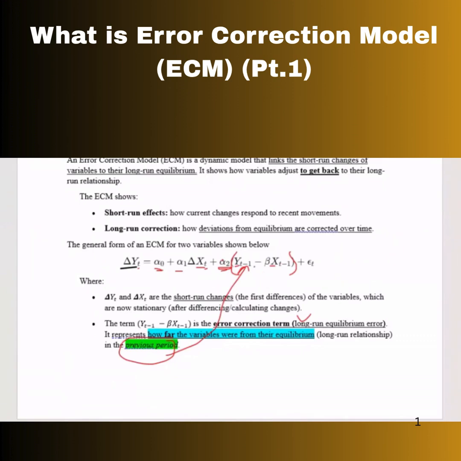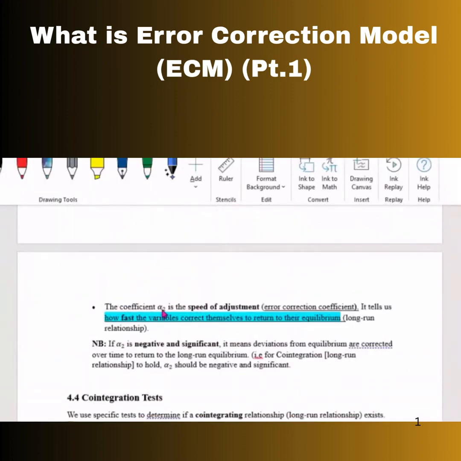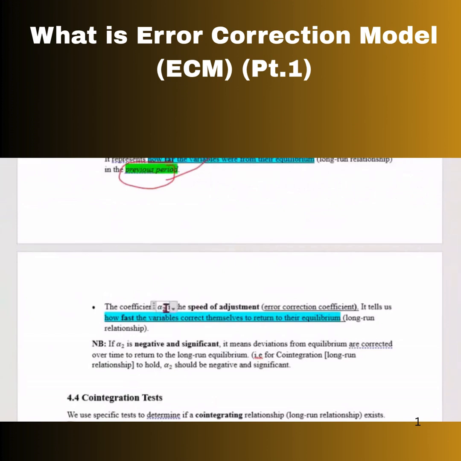So this alpha here is also very important, this alpha 2, because it is the coefficient of this error term. It tells us the speed of adjustment in the previous period. Let me continue. You're saying this coefficient alpha is the speed of adjustment, or the error correction coefficient.